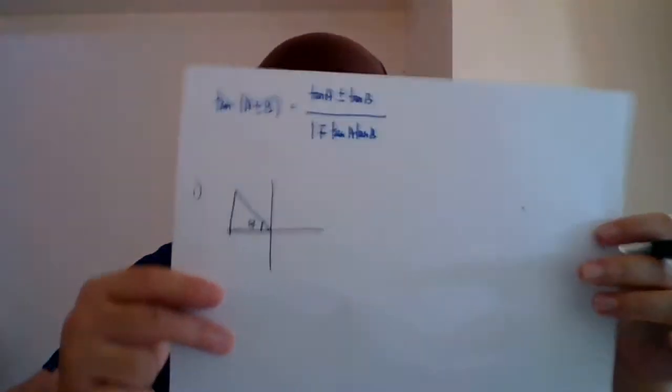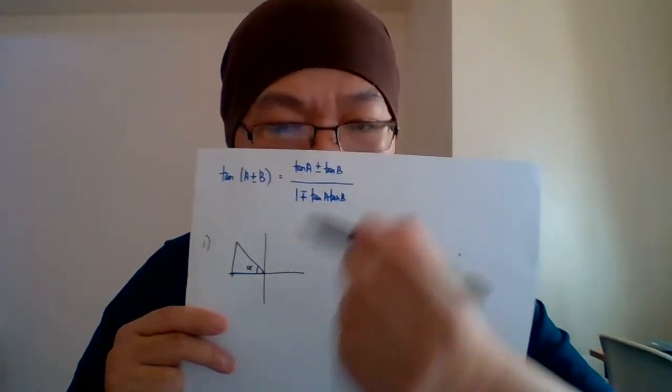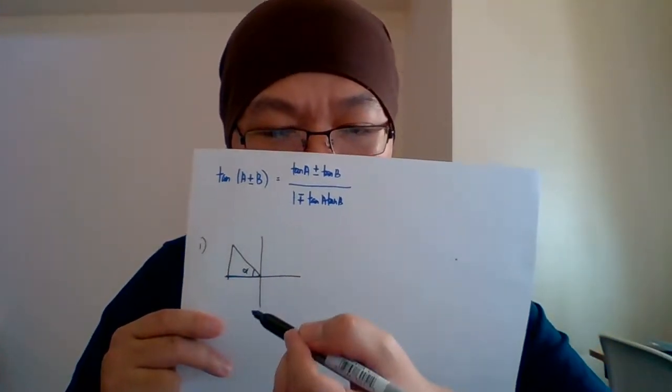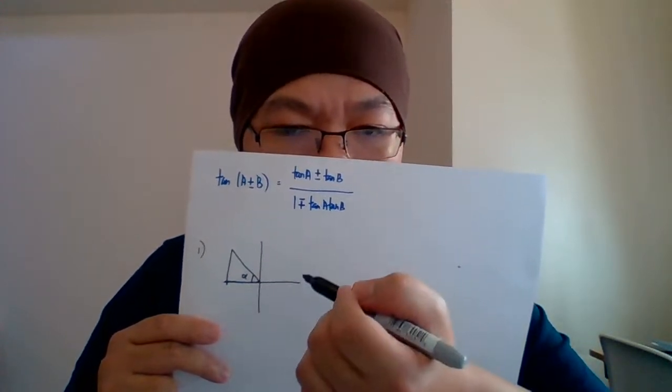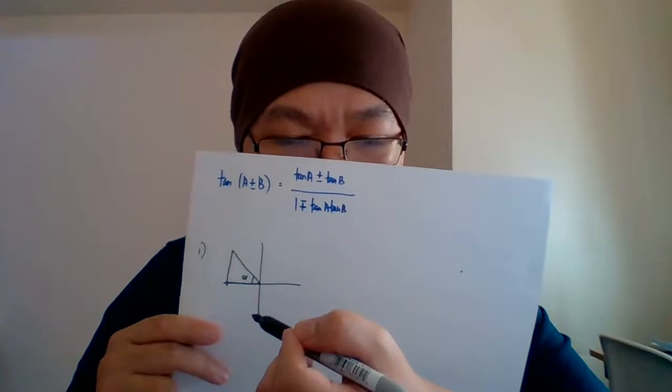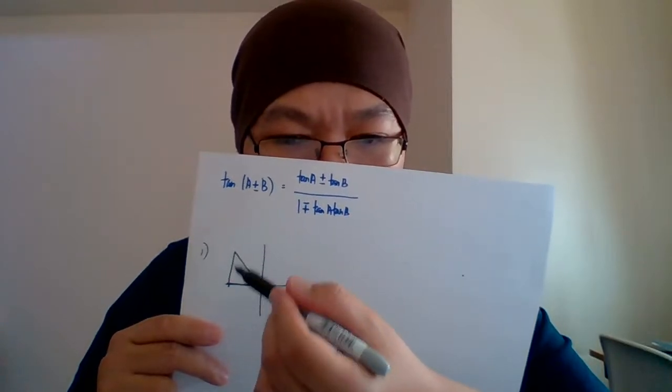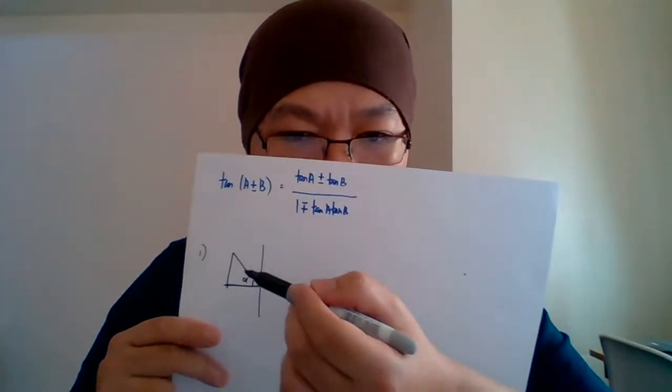So cara nak jawab soalan pertama, lukis dulu gambar alpha. It will be a triangle on the second quadrant. Kenapa? Because it starts from 90 to 270. Bukan from 0 to 180, but from 90 to 270. So that's why the second quadrant is a positive sign also.